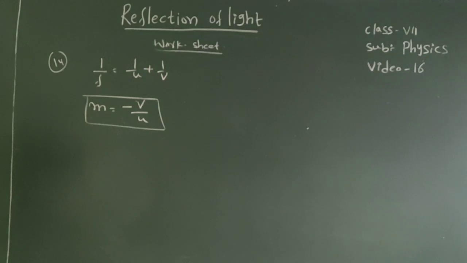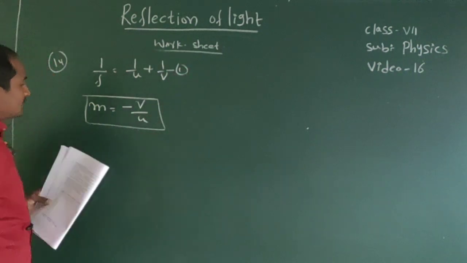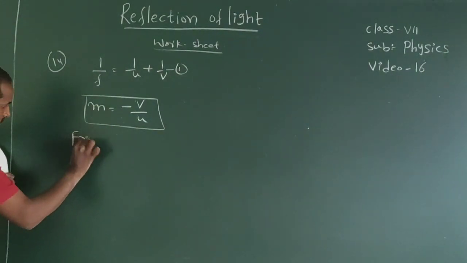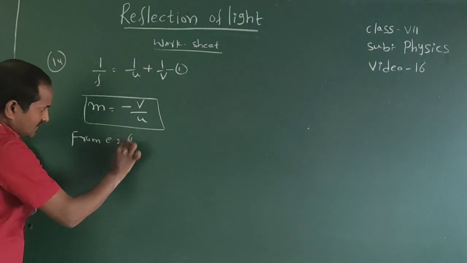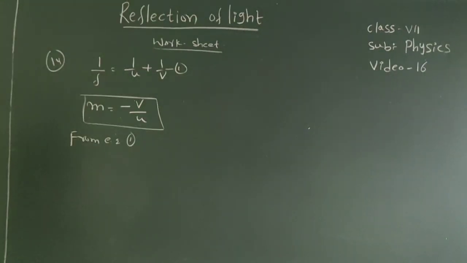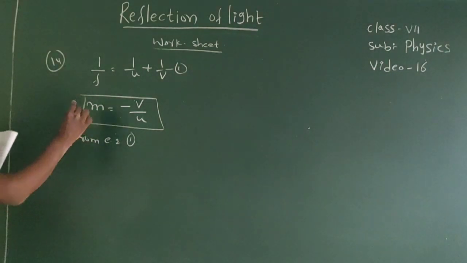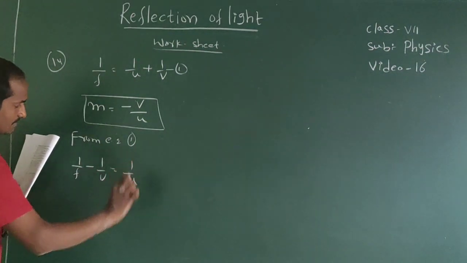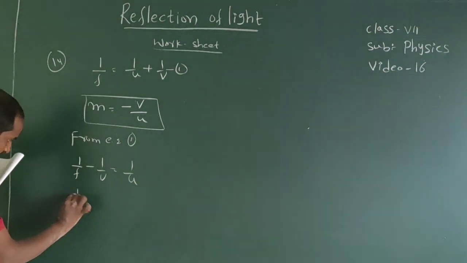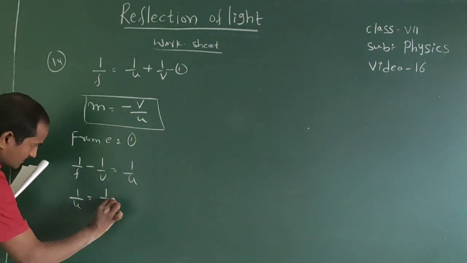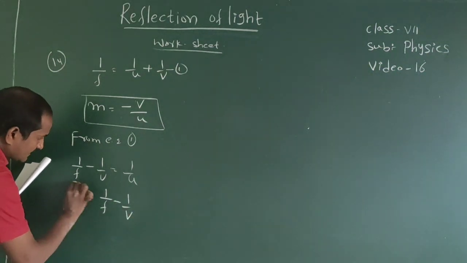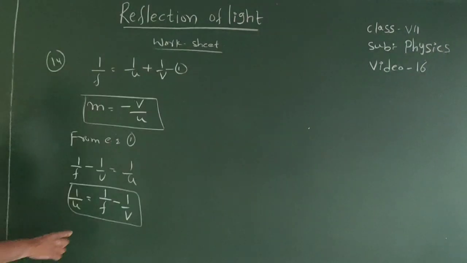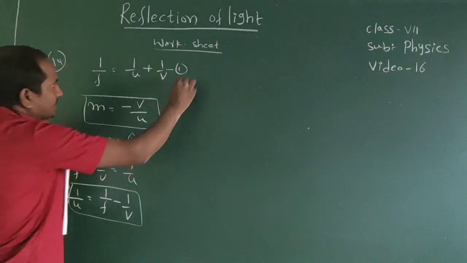From equation number 1, we can find 1 by f minus 1 by v equal to 1 by u. That means 1 by u equal to 1 by f minus 1 by v. So here we can take the LCM, f into v is the LCM.